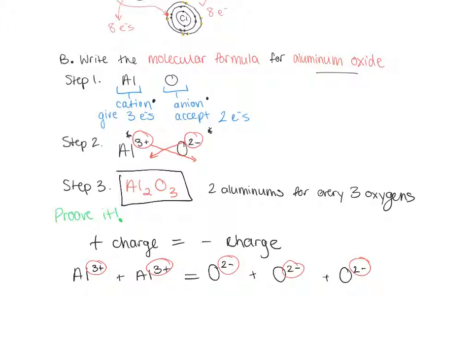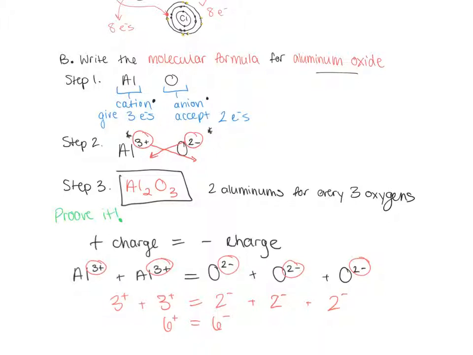Then we can do +3 and +3 equals -2 and -2 and -2. And lo and behold, we get 6 positives and 6 negatives. Perfect. That's exactly what we want, because it means we have the same number of positives and the same number of negatives in this ion, which tells us that it's neutral, it's perfect, all of the atoms are going to be happy.